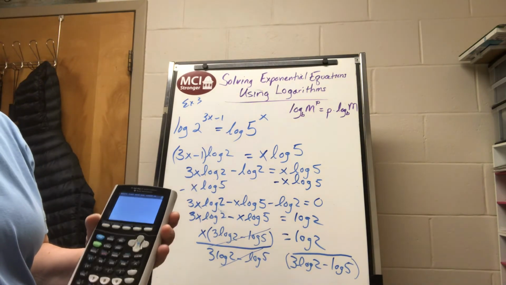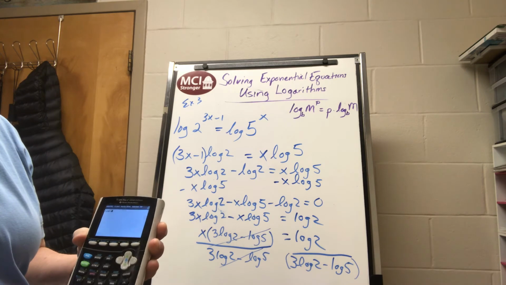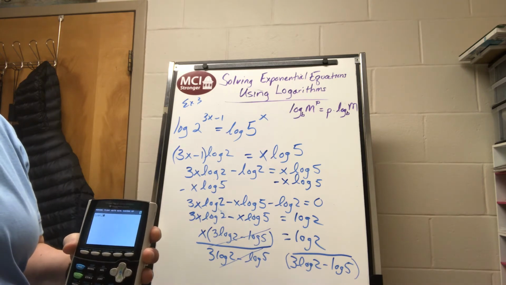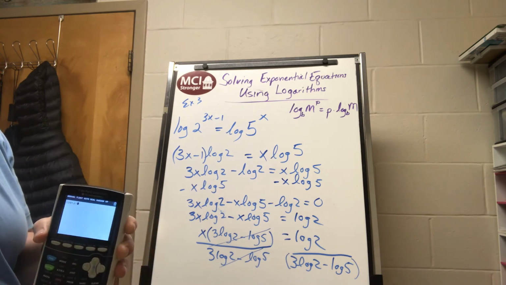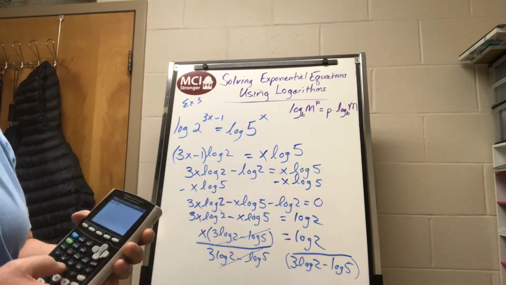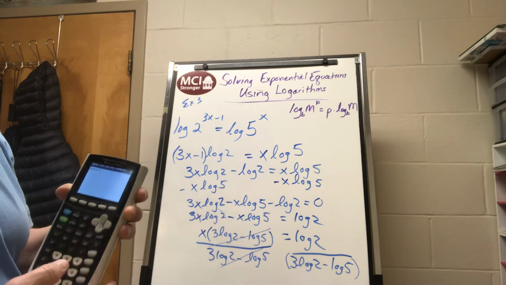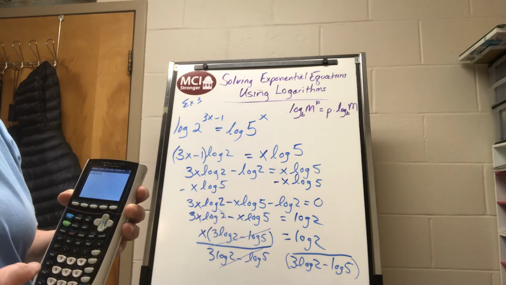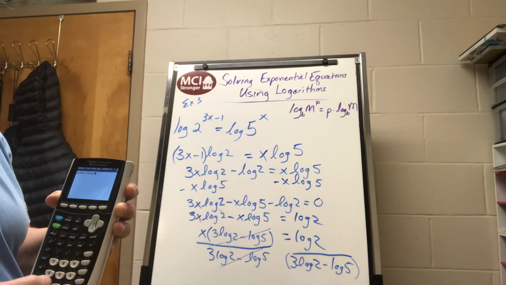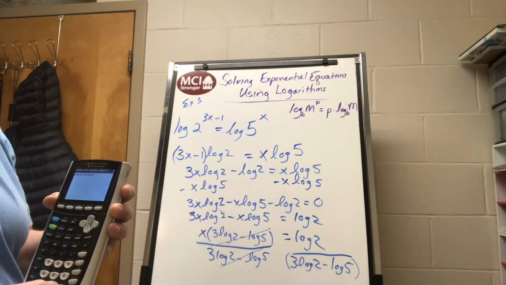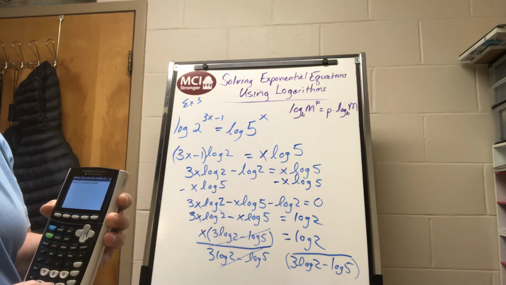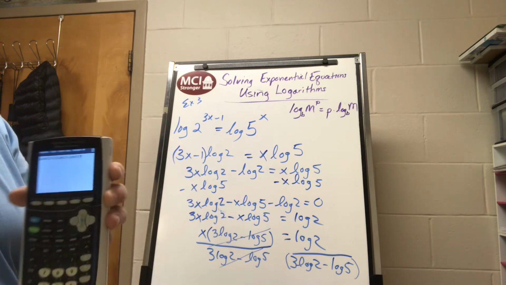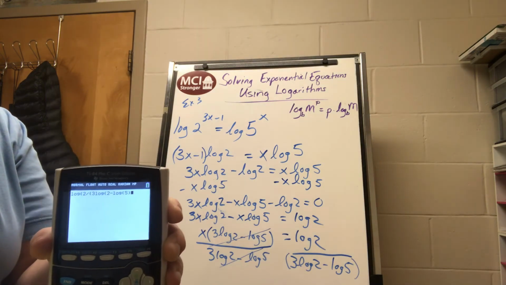I'm going to go log 2. And then I'm going to go divided by, and then parentheses, 3 log 2 minus log 5, close parentheses. You see how that looks?